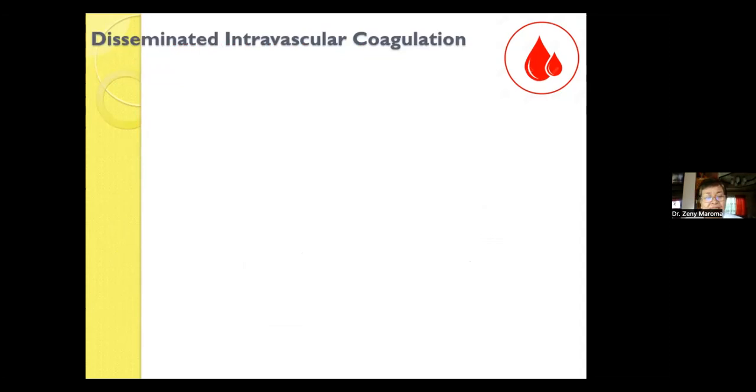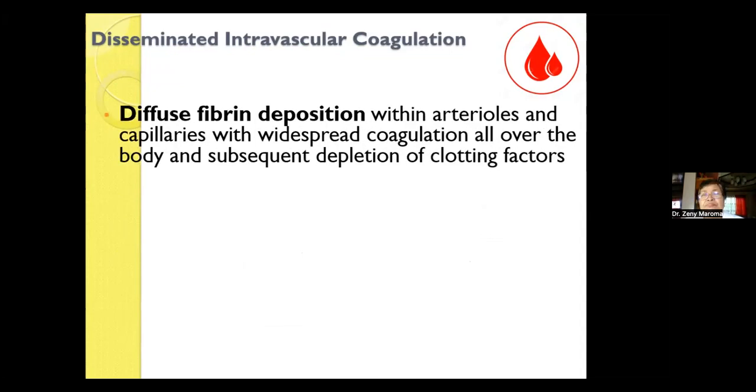DIC. Ano yung tinatawag natin DIC? DIC is disseminated intravascular coagulation or disseminated intravascular clotting. Ano to? There's diffuse fibrin deposits within arterioles and capillaries with widespread coagulation all over the body and subsequent depletion of clotting factors.